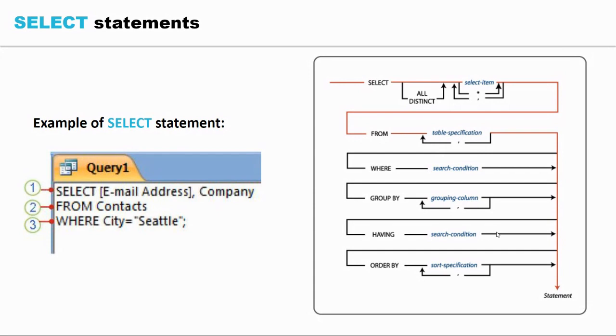For example, I want to select email address and company names from the table contacts, but only where city is Seattle.